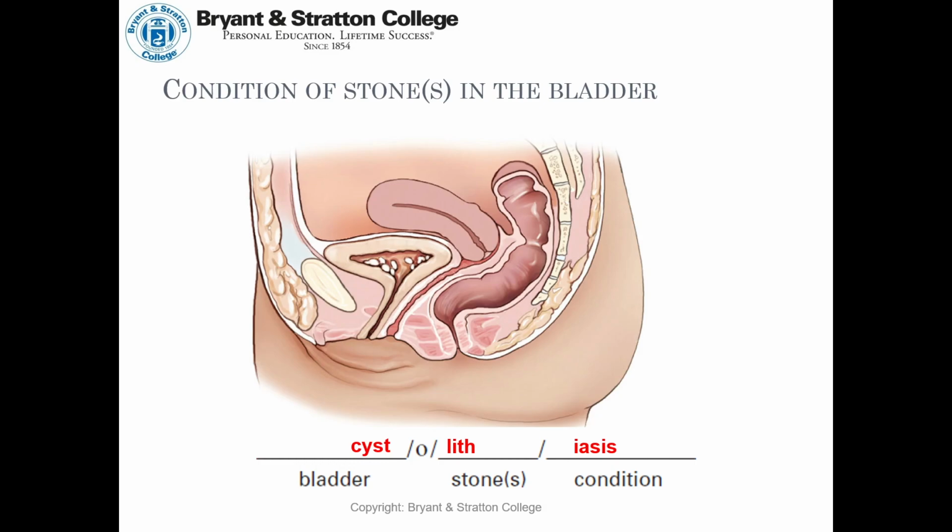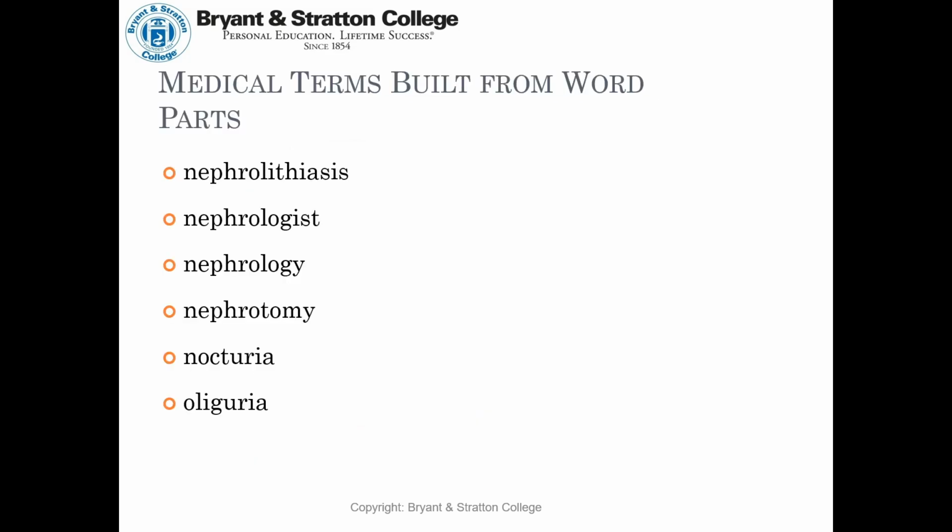This is a cystolithiasis, right? So referring to cystolith as a bladder stone itself, but then iasis is a suffix to indicate condition. So again, you're looking here, nephrolithiasis. This is a kidney stone.